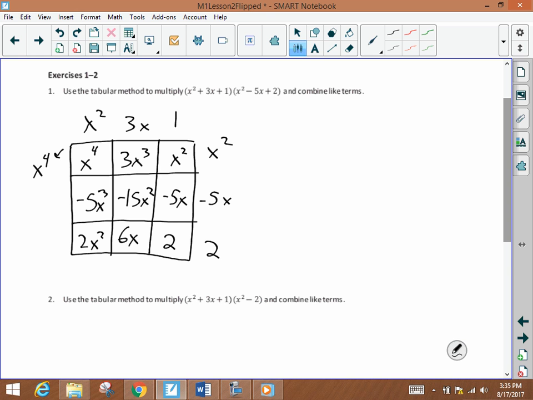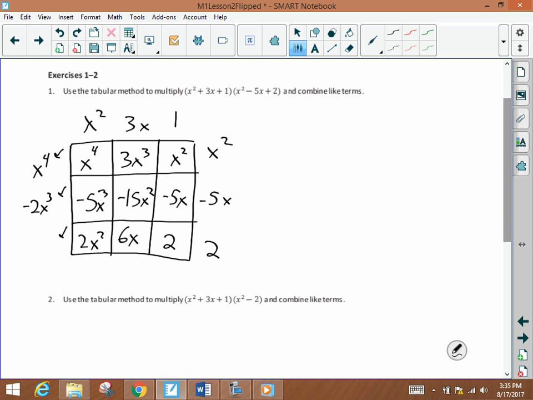Now, in the negative 5x to the 3rd, there is a term up and to the right of it. And we're going to add those. So I'm going to add negative 5x cubed plus 3x cubed is going to be negative 2x cubed. And then the 2x squared has 2 other terms diagonally up and to the right.